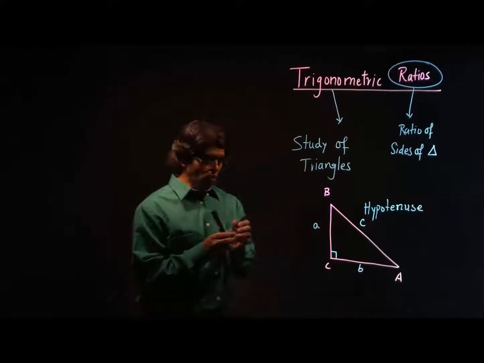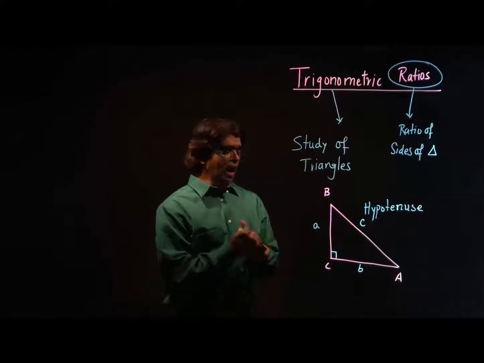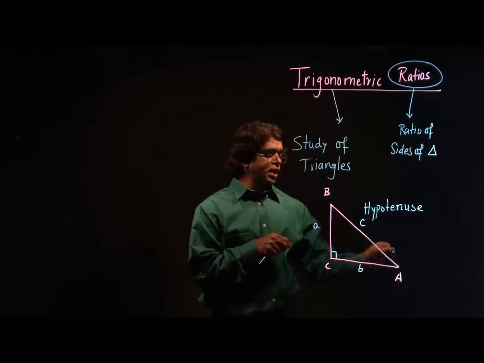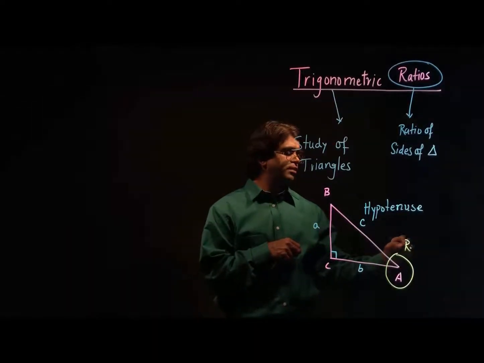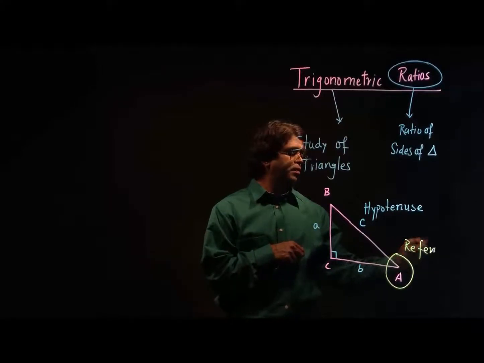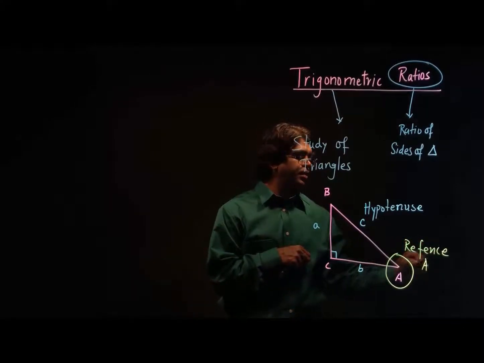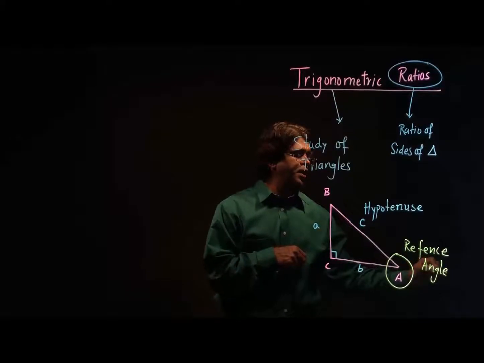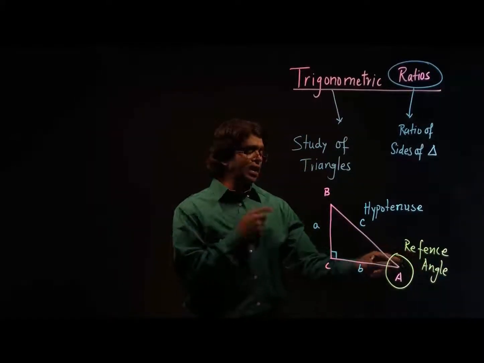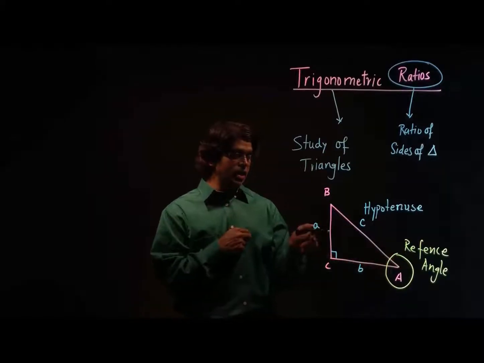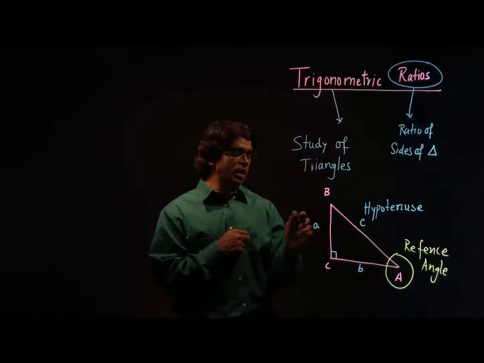I am going to take my angle A as my reference angle. And if I take A as my reference angle, then the side opposite to angle A is small a.